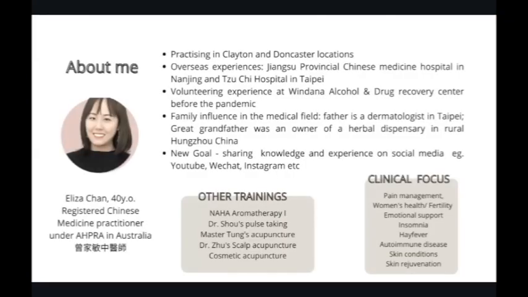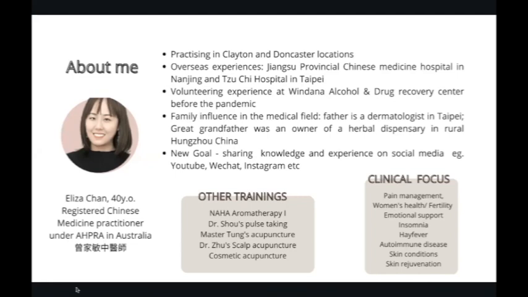A little about me, if you haven't met me in person. I'm Eliza Chan, 40 years old. I'm a registered Chinese practitioner in Australia. I'm currently practicing in 2 locations, and I have overseas experience in Nanjing and Taipei. Before COVID, I was volunteering at the Bundana Alcohol and Drug Recovery Center, basically using acupuncture to help people give up their addictions and have calmer behavior.